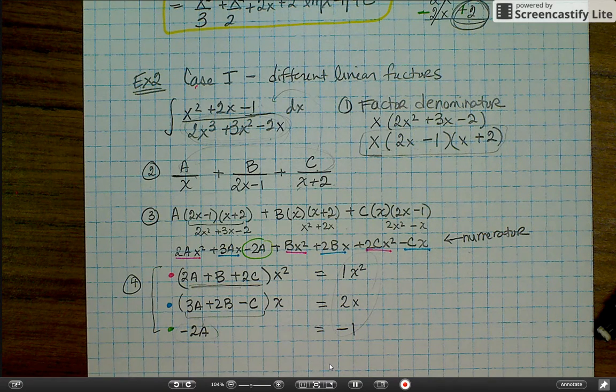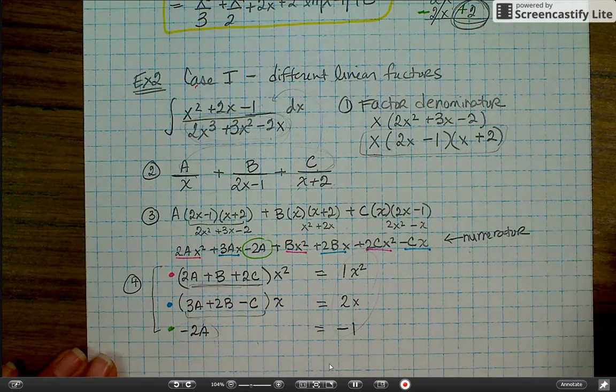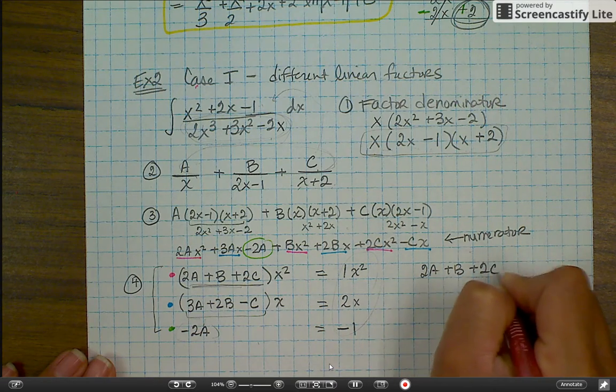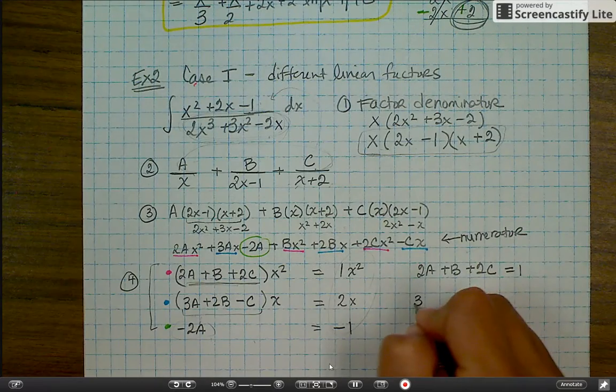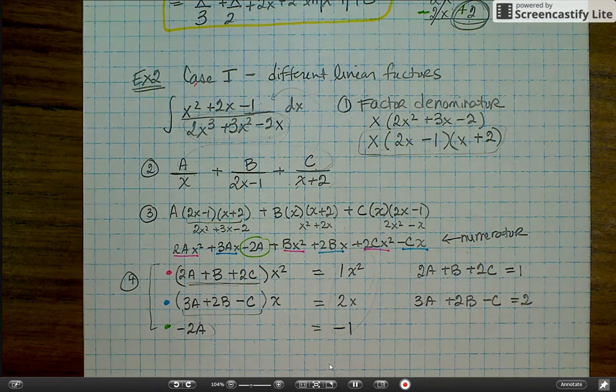Okay, so we set this up. And then we can go, okay, well then that means 2A plus B plus 2C, I'm going to set up a system of equations, is equal to 1. And I have 3A plus 2B minus C is equal to 2.